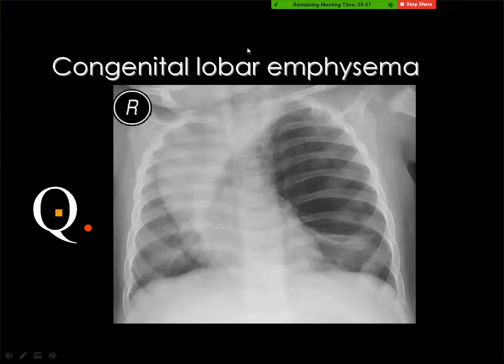They omitted the term emphysema and replaced it by overinflation, as it is not actually an emphysematous lobe, but it is an overinflated lobe. And the diagnostic landmarks here are: number one, you see the overinflated lobe is crossing the midline to the opposite side, and you can see the other lobe, the lower lobe, is compressed and flattened against the diaphragm.